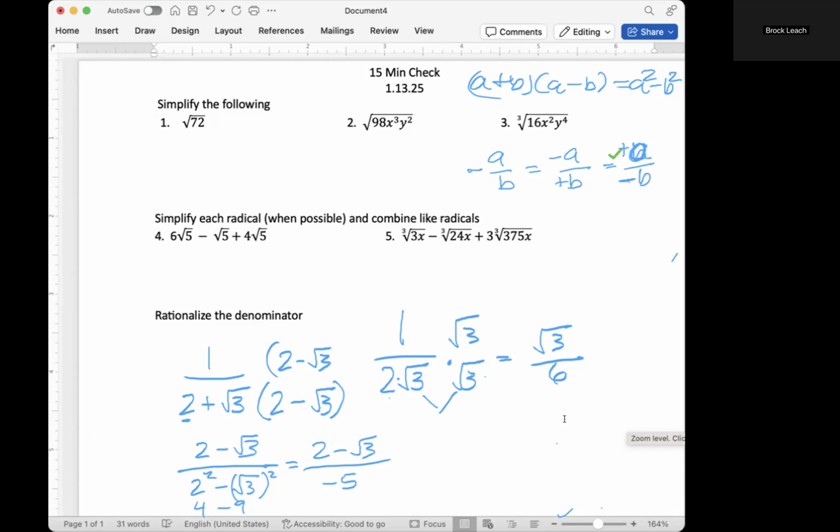And I think there may be a computer problem or two where if you put this in, they don't like it for some reason. So if we move that negative to the top, making the bottom positive, we just have to distribute that, giving me negative 2 plus square root of 3 instead of having the negative on the bottom. That's not a rule that we have to do, it's just done a lot. But these are the same thing, with the negative on bottom and the opposite signs on top.